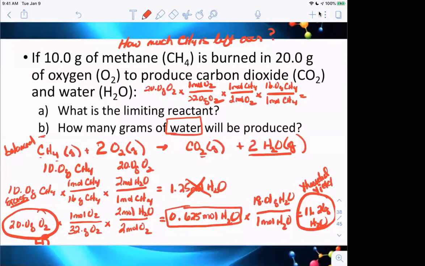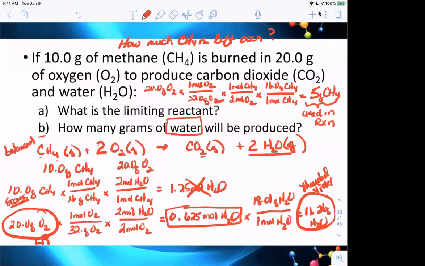So the amount of methane that was consumed using all of my 20 grams of oxygen is found by this calculation: 20 times 16 divided by 32, divided by 2, and that's going to be 5 grams of methane. This is used in the reaction.